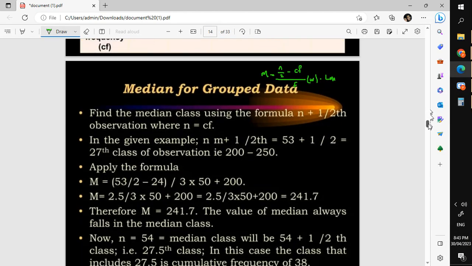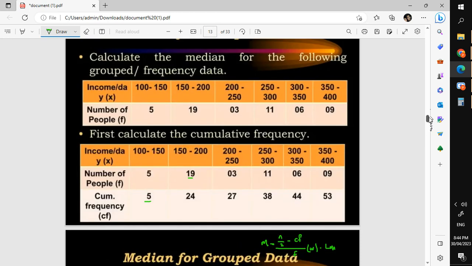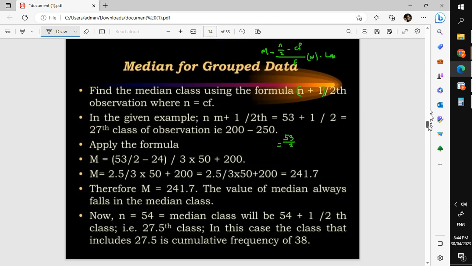Okay, we'll go to our solution right now. Using the formula, n plus 1 divided by 2 is equal to the nth observation, where n is equal to the cumulative frequency. So we'll use this formula. Our cumulative frequency is 53 divided by 2, from the previous table.